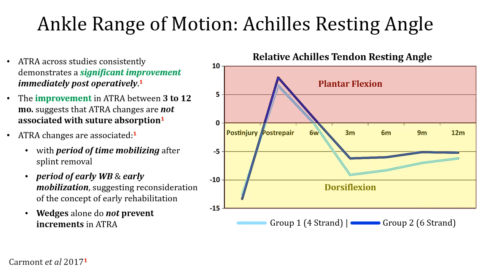Wedges alone do not prevent the increments in ATR. In the Achilles tendon resting angle, we need to be more judicious rather than just relying solely on the wedges themselves. And you can see the 4 versus the 6 strand: the 6-strand group does slightly better around the 3-month mark, but eventually there is a regression where at 12 months there's no significant difference.